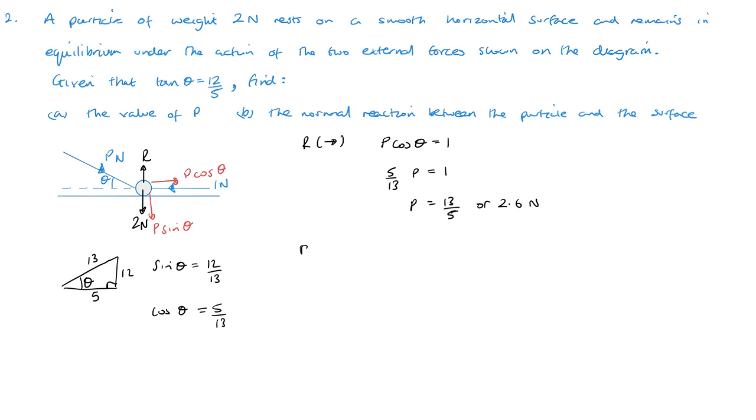Now let's resolve vertically so that we can find out what R is. So R is going up, and that is equal to 2 plus P sine theta. So it's 2 plus, and P is 13/5, times, and sine theta is 12/13.